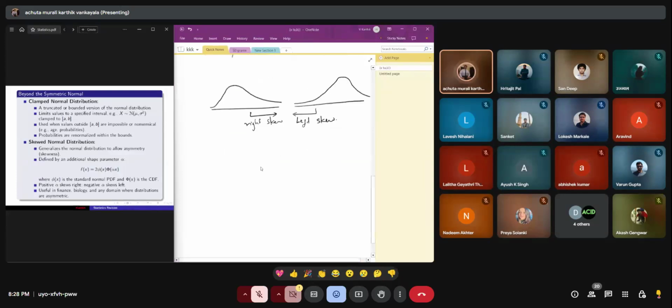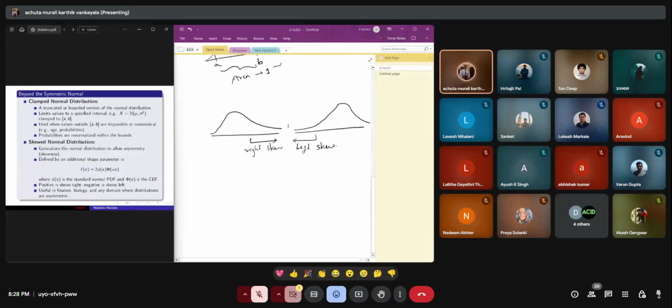In that situation, you will have a right skew, because a lot of people will be in this place, but there will be outliers who are getting extremely well paid, right? But they will be very few in number, so they will be towards the right end.